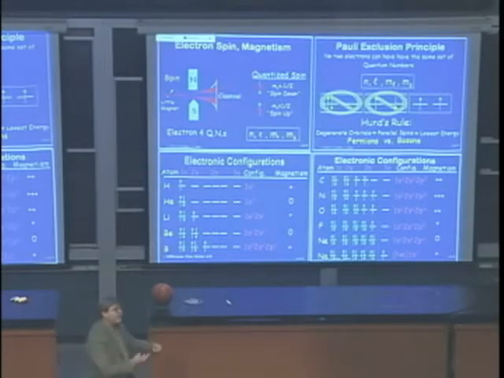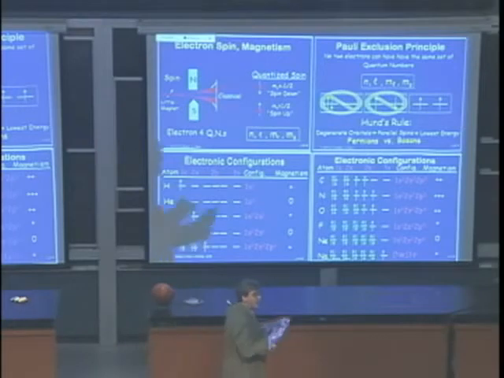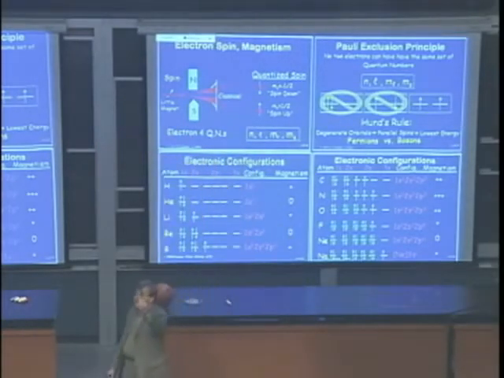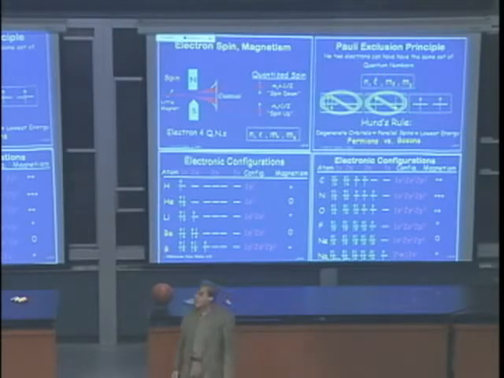So if you have, for example, a 1s orbital, how many electrons can you put in there? 2, because for this n equals 1, L equals 0, this is 0, and this can be minus 1/2 and plus 1/2, okay? So it has to be minus or plus, so we have 2 electrons.